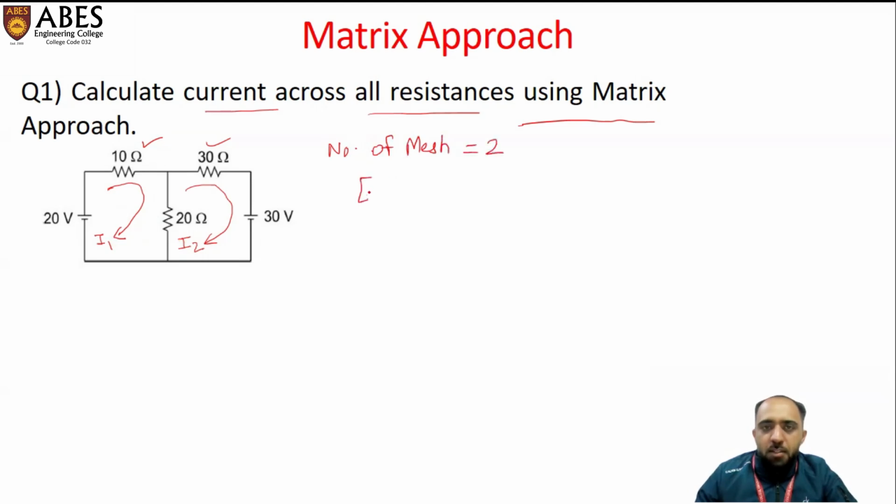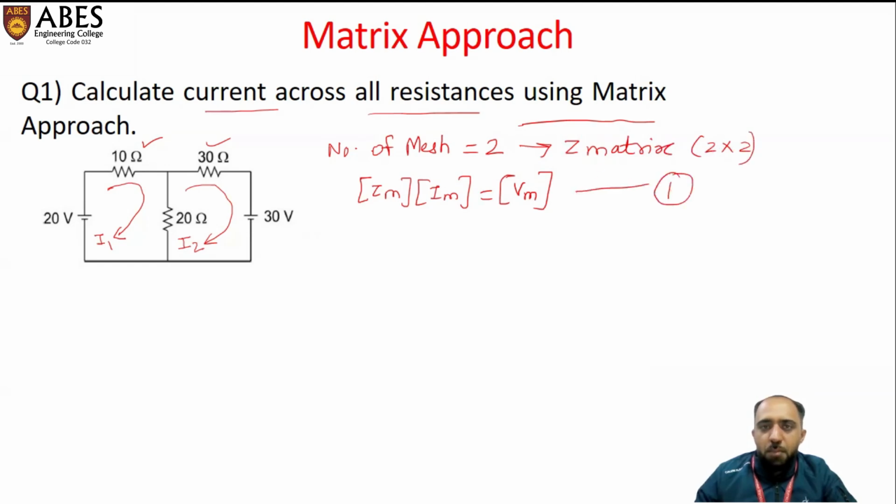And I'm writing here Zm matrix into Im matrix is equal to Vm matrix. This is simple Ohm's law. If there are two meshes in the given question, the Z matrix will be a 2 by 2 size matrix. Calling this equation number 1.